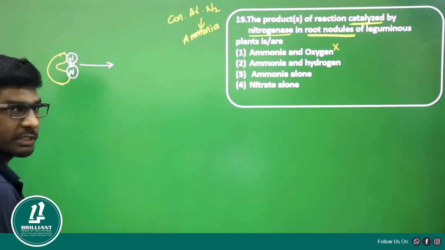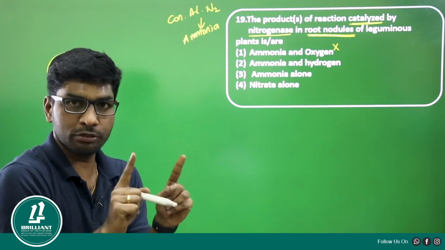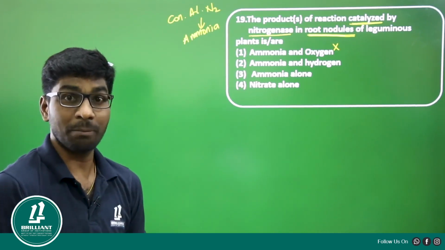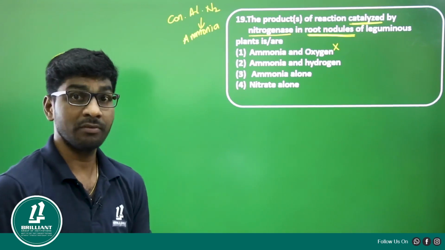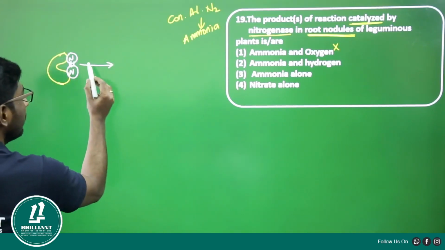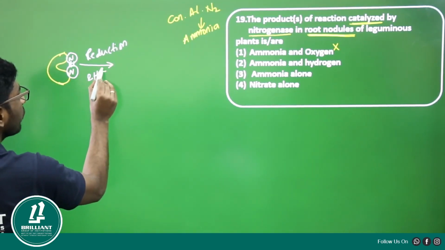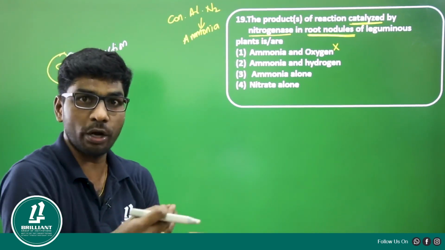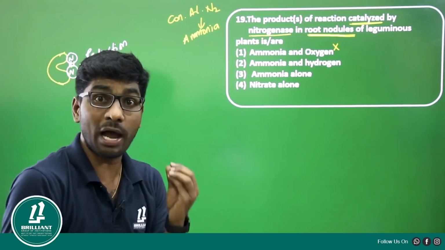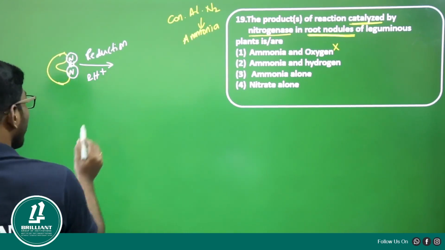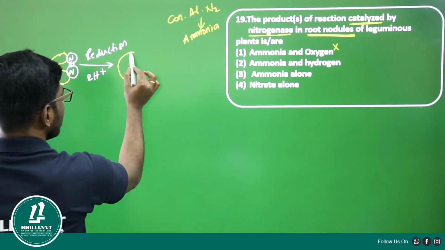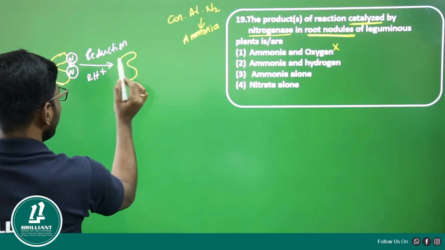So the atmospheric nitrogen molecule binds to the specific position of the nitrogenase enzyme. Next, two hydrogen atoms are going to add to the nitrogen, right? So what happened here in the next condition? This is the nitrogenase enzyme, right?